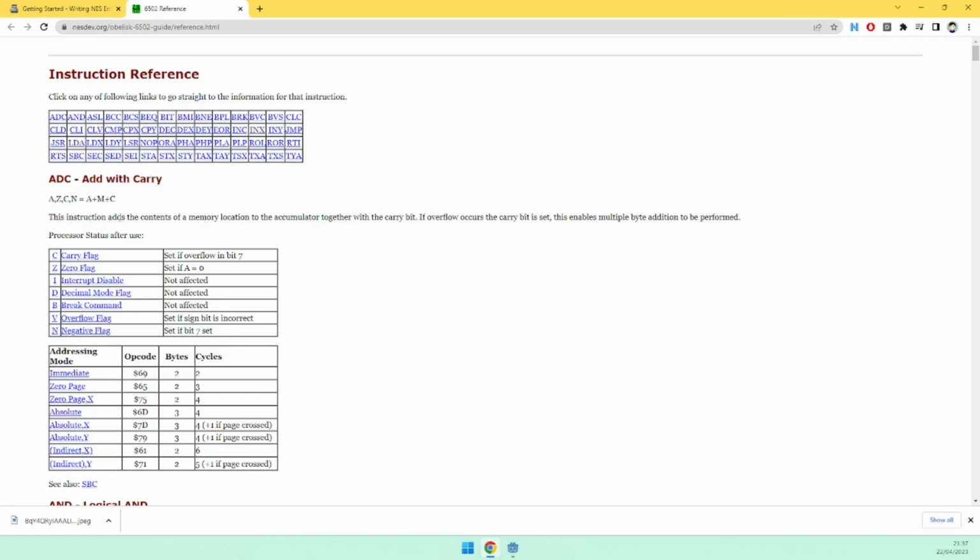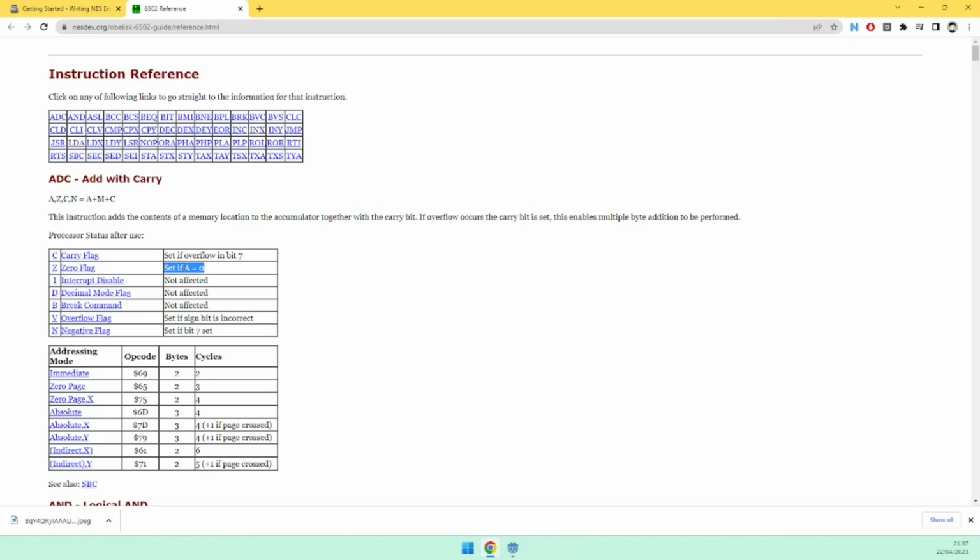This instruction adds the content of a memory location to the accumulator together with a carry bit. If overflow occurs, the carry bit is set. This enables multiple byte addition to be performed. Processor status after use: it changes carry.